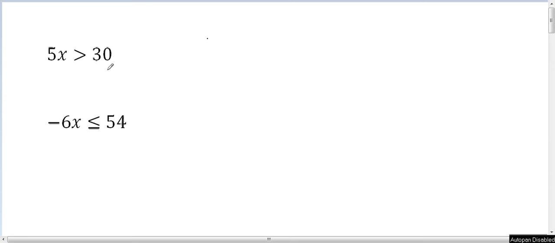First, we have 5x is greater than 30. To get x by itself, we want to multiply both sides of the inequality by 1/5. One-fifth multiplied by 5 is 1, and 1 times x is x.